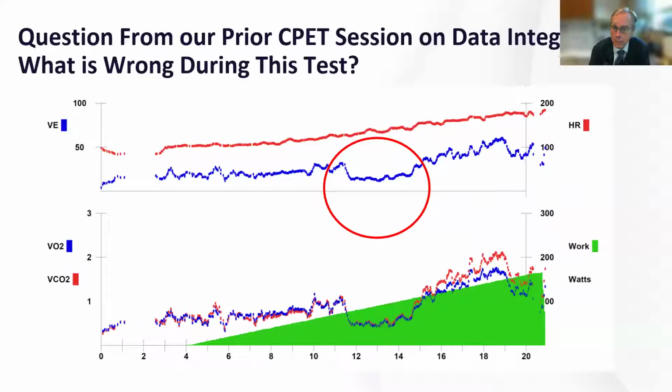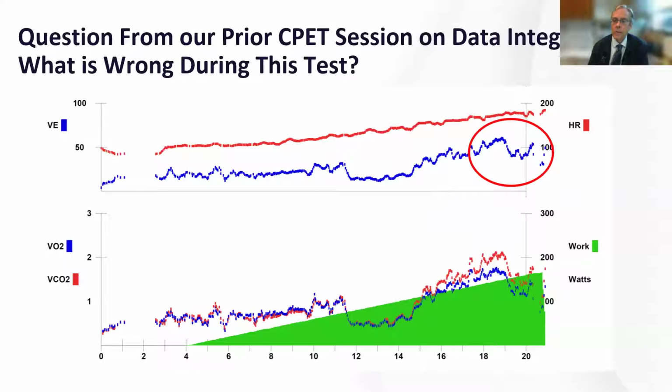And that means that there was a leak during the study. And there's another leak right here. And so that really explains the issues with oxygen uptake and CO2 output. And again, should have been corrected during the test. I'm a fan of mouthpieces because they're less likely to leak, but even masks need to be checked to make sure that you're not losing gas exchange and your numbers are not incorrect. So that's just a little quiz from last time.